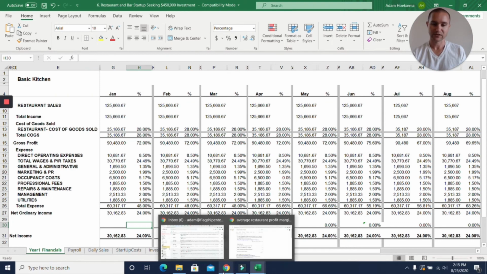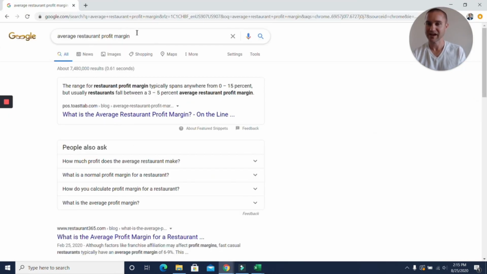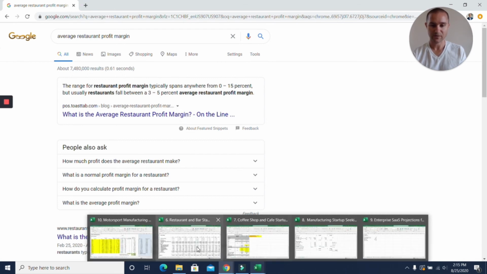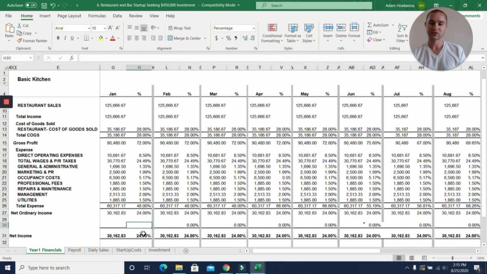So I did a quick Google search, average restaurant profit margin, and you can see the first result here says that restaurant profit margins typically span from 0 to 15% and usually fall within that 3 to 5% on average. So right off the bat, this screamed at me that this is multiple times higher than average, and something seemed a little off there.